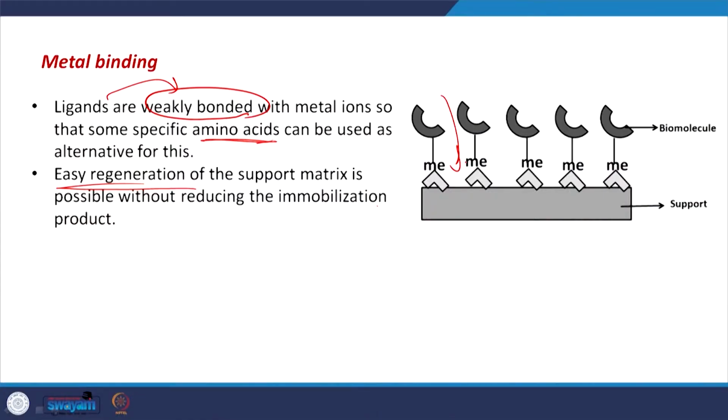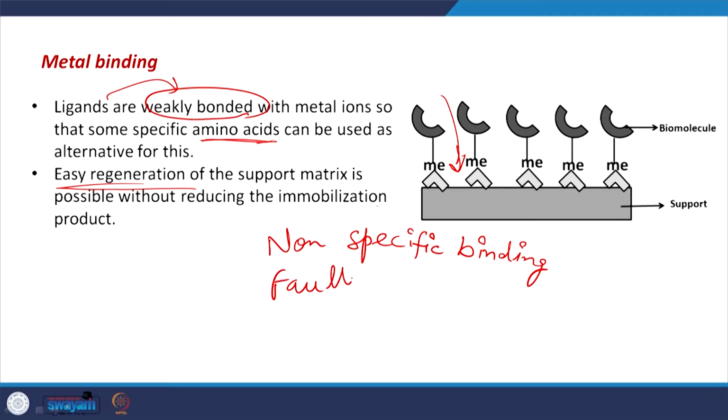Sometimes the analyte can bind directly on here very easily, but the problem is that this will lead to something called non-specific binding. When you have non-specific binding, it will lead to false signals, faulty signals.